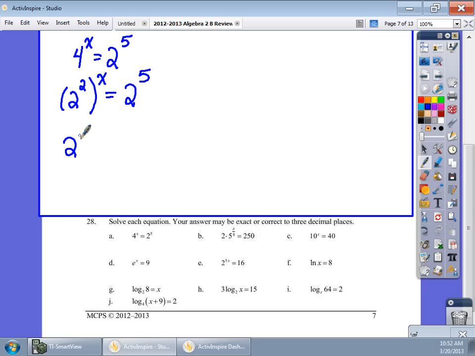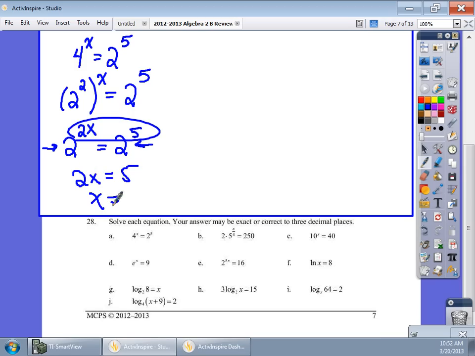Multiply your exponents together. 2 to the 2x is 2 to the 5th. Now that your bases are matching up, set your exponents equal to each other. Divide by 2 on each side. X equals 5 over 2, also known as 2.5.